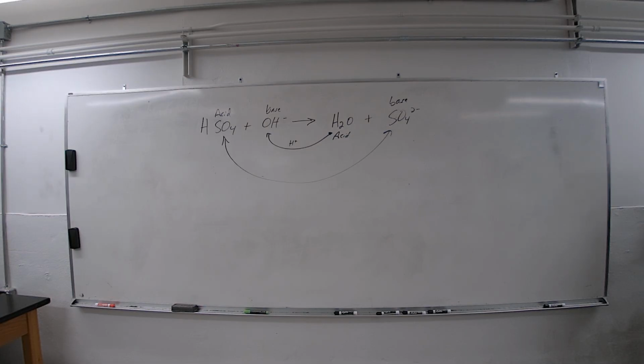Look at question number 7. You've got H2S on the left and HS on the right. So the HS minus is missing an H compared to the H2S. So H2S is the acid, HS negative is the base.